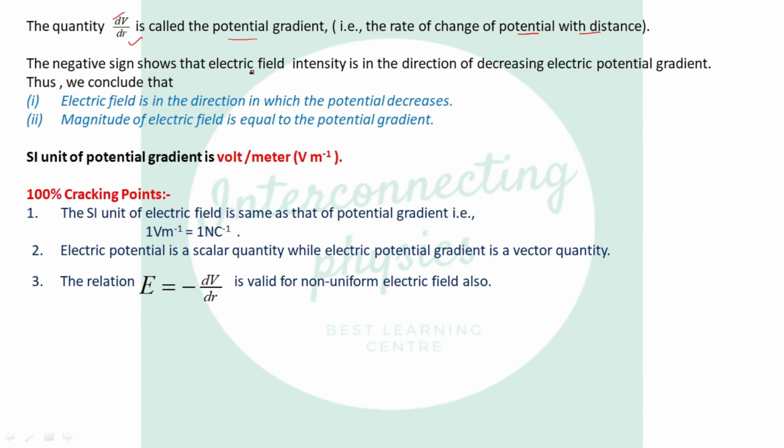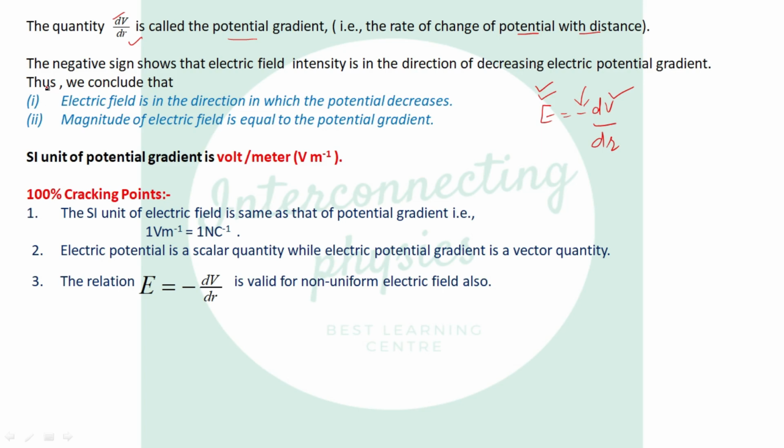And the negative sign shows, in the result E equal to minus dV upon dr, that the direction of the electric field intensity will be in the direction of decreasing potential. Means the direction in which the electric potential decreases, the electric field will be along that direction.